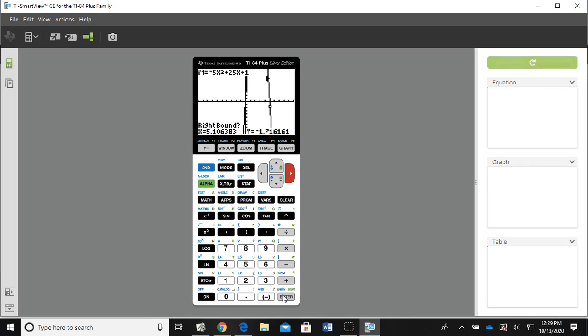Oh, you know what? No, I'm wrong. If you're talking about the point on the right, left is always above, right's always below. If you're talking about the point on the left, they're swapped. Anyway, about how many seconds was the ball in the air? 5. From hitting off the ground to being back on the ground, about 5 seconds. Everybody good? All right.